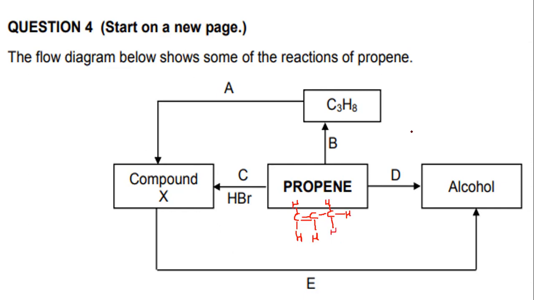Now, let us look at reaction B. Reaction B, they show me that propene reacts, so it is a reactant, and it forms C3H8. So let us first look at C3H8. So what has been given formula?